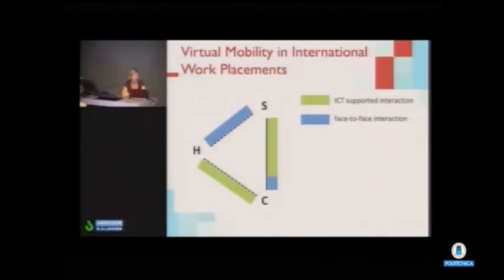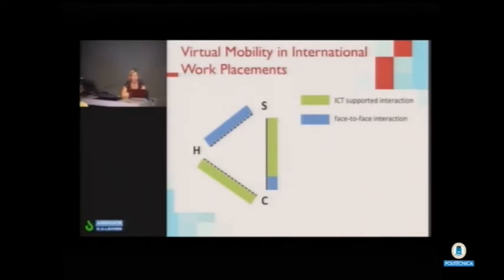This is an example where the student stays at home and works virtually, or mainly virtually, for a company abroad, where all interaction between higher education institution and student is face-to-face. Between higher education institution and company is ICT supported, and the student makes maybe one or two visits to the company, but for the rest there is ICT supported interaction.